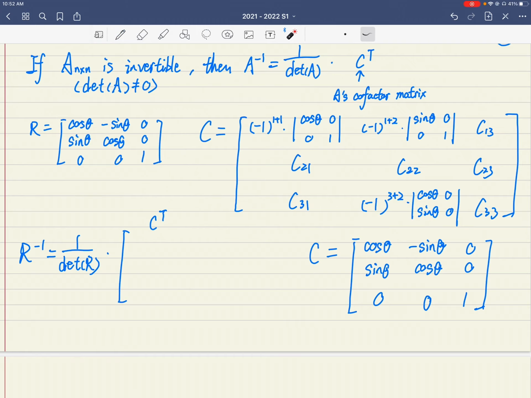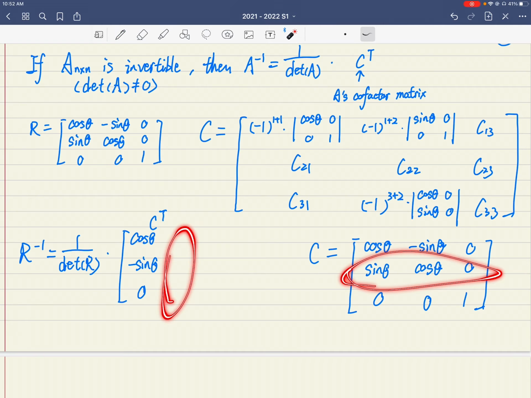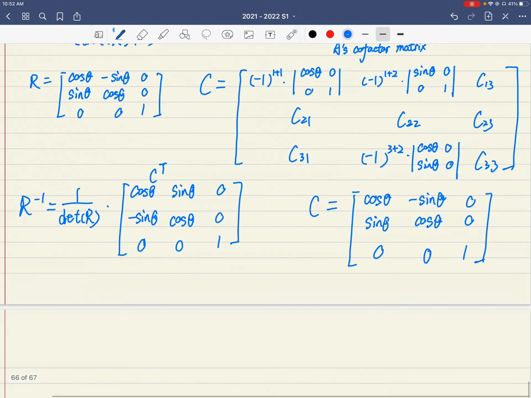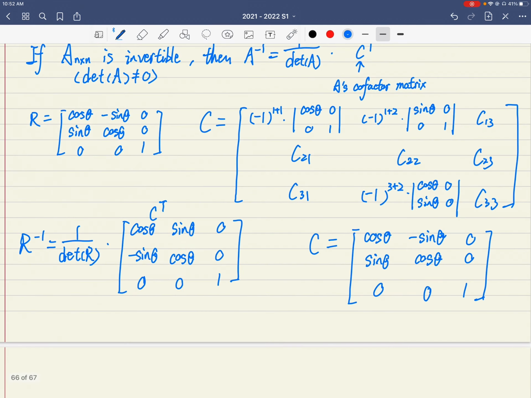How do you transpose? Row becomes column. First row becomes first column. Second row becomes second column. Third row becomes third column. Must transpose.